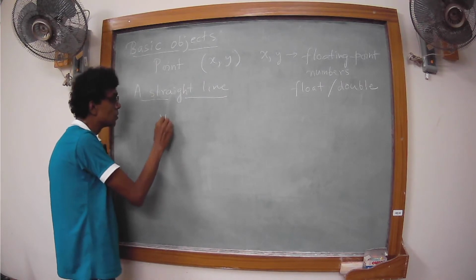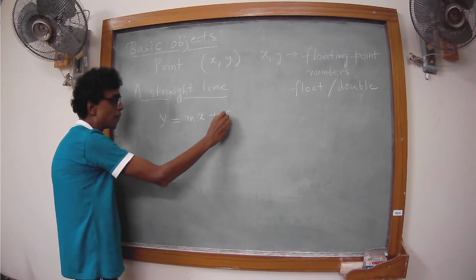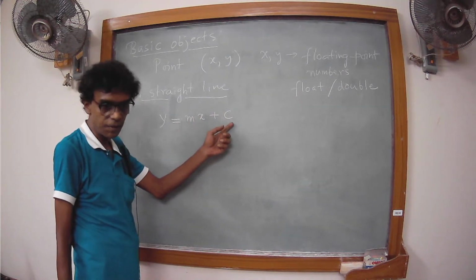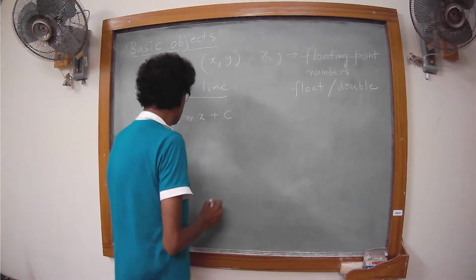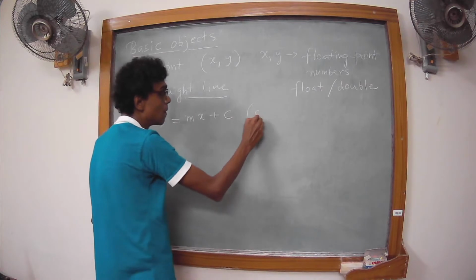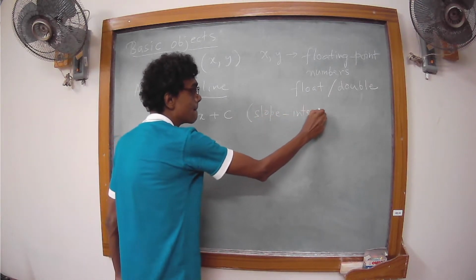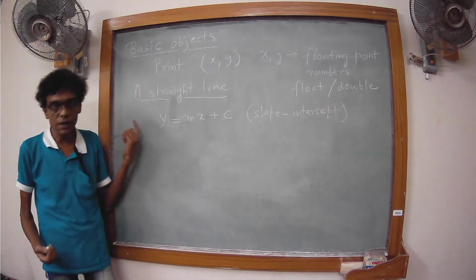So, this is one of the most conventional formats. This is the slope, M is the slope, C is the y-intercept. So, it is the slope-intercept format. Of course, this x and y are essentially placeholders.